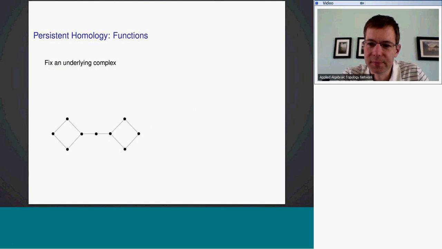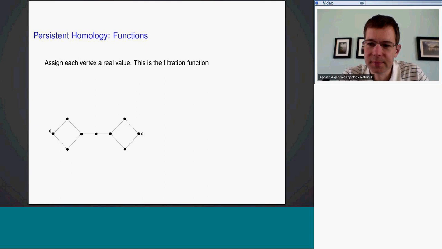Persistent homology with respect to the Rips filtration captures certain information about a compound. But by being a little bit more creative about how we create our filtrations, we can capture more or different information about the compound. An example is where I'm going to use a different function, centrality.